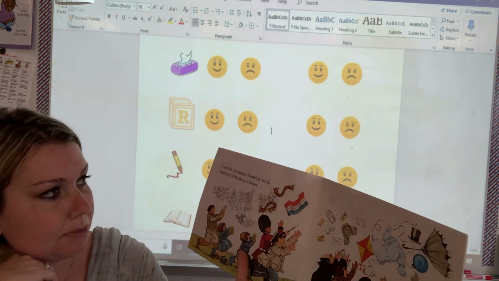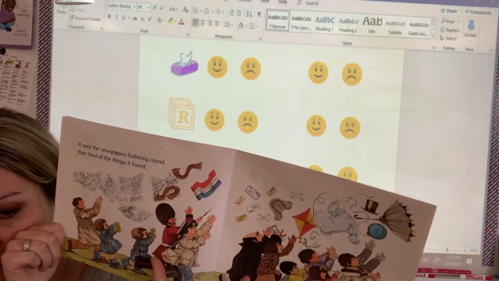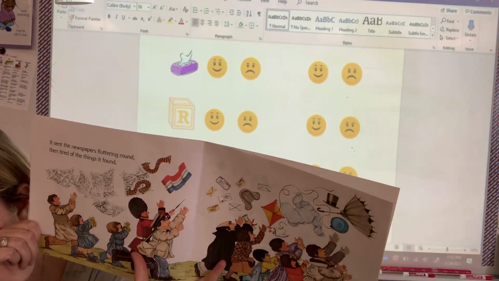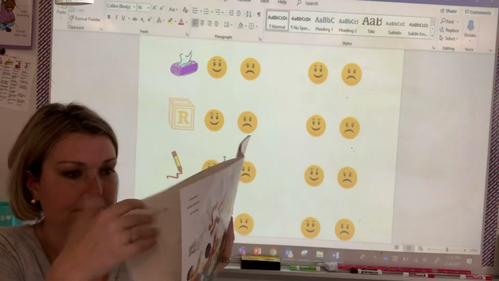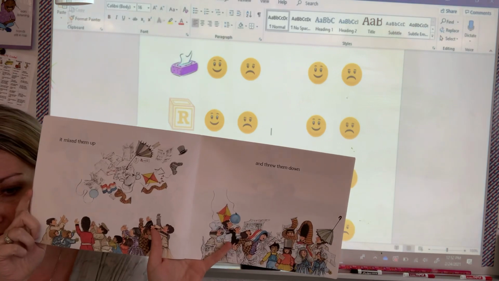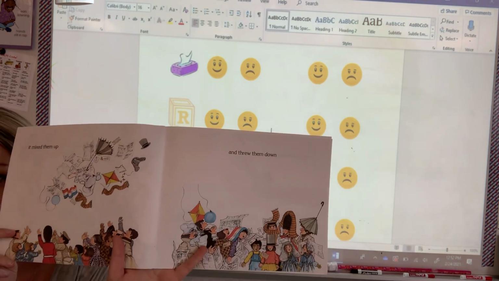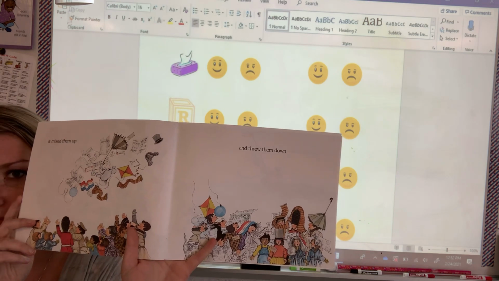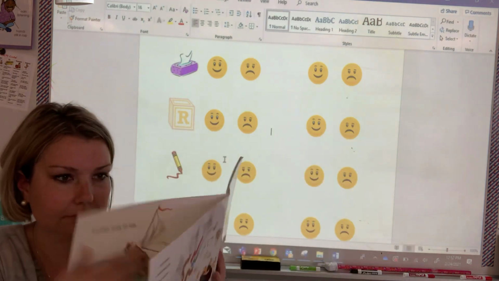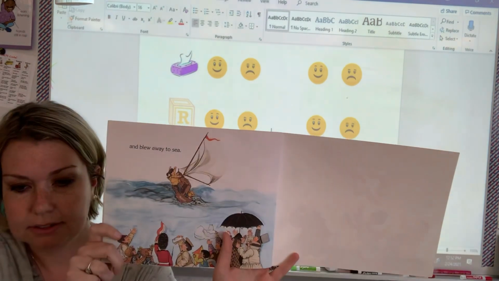It sent the newspapers fluttering round, then tired of the things it found, it mixed them up and blew them down. And blew away to sea.